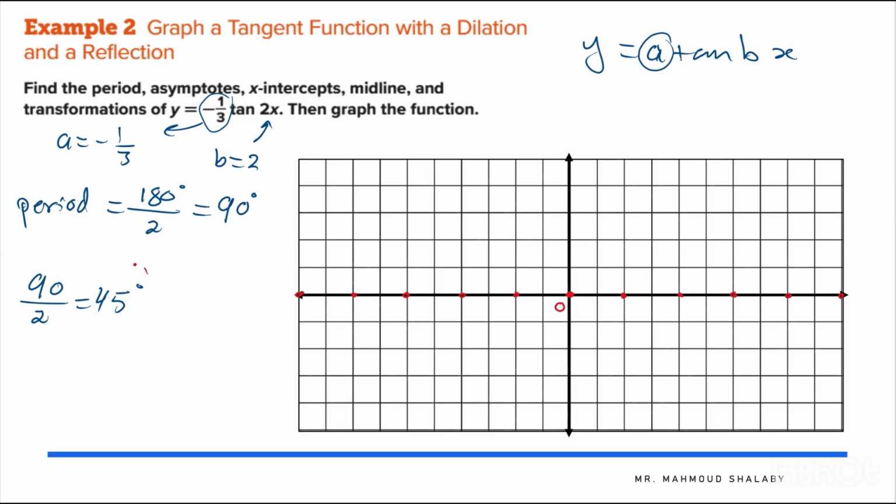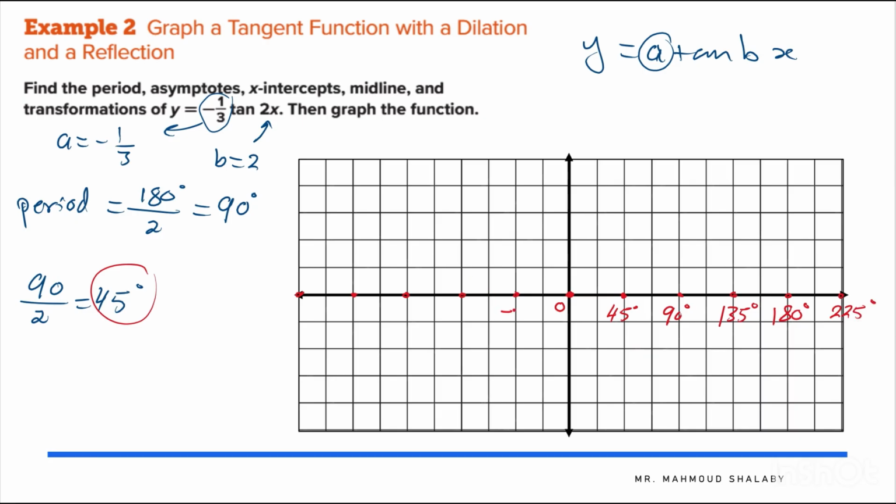So now I will be counting by 45, which means this will be 45 degrees. Every time I am adding 45. You can hold your calculator and add 45: it will be 90, add 45, it will be 135, then add 45, it will be 180, add 45, 225 degrees.